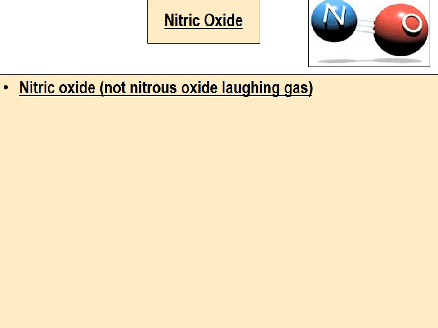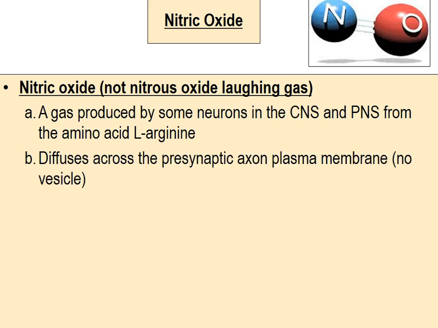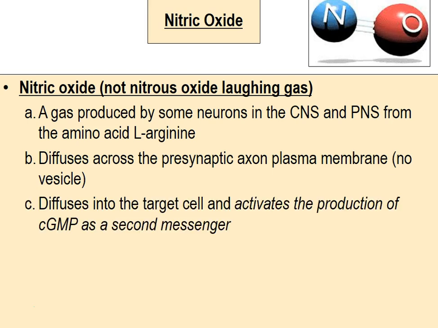Nitric oxide is another neurotransmitter, not to be confused with nitrous oxide or laughing gas. Nitric oxide is produced from the amino acid arginine in the central and peripheral nervous systems. It is going to simply diffuse out of the presynaptic cell, and then it will diffuse into the target cell where it can activate the production of cyclic GMP as a second messenger.